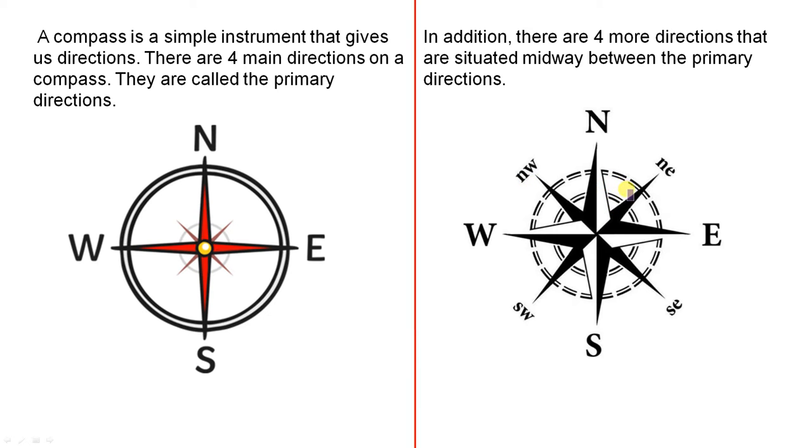So those angles there, for example this angle here, is 45 degrees, and that's 45 degrees because these ones here are exactly halfway between the primary directions.